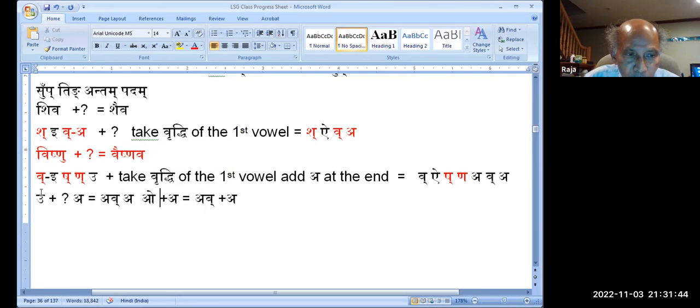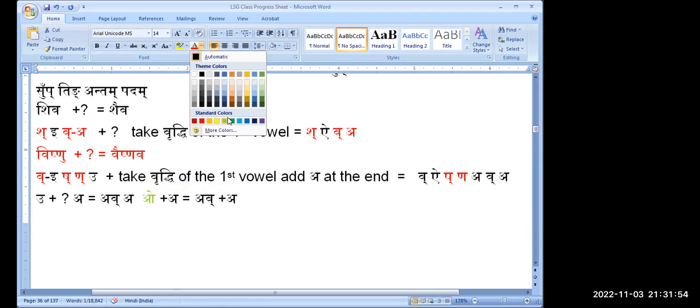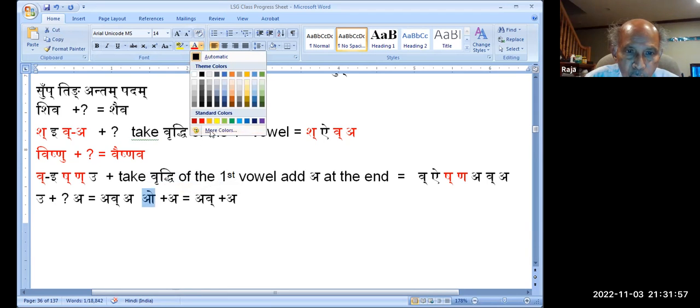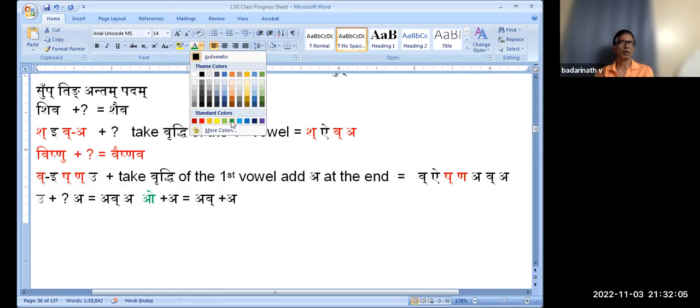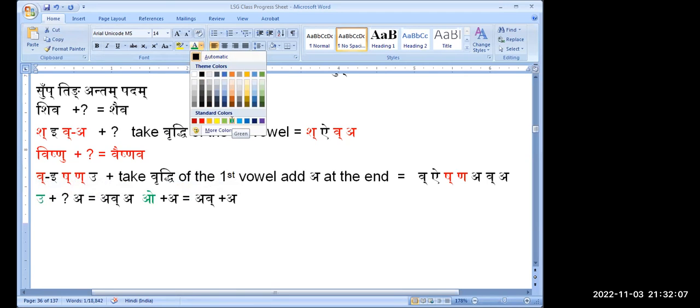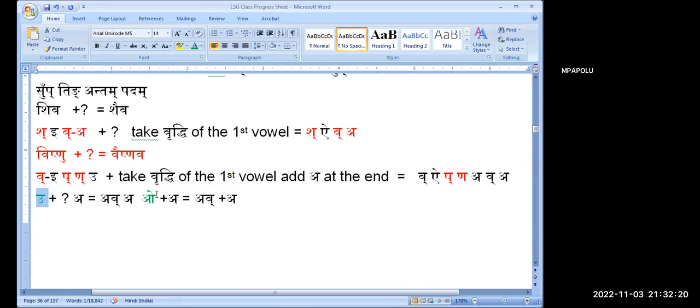There is no O. There is only U here, which is the final vowel. How do you get O from U? You follow that? So what's the relation? What do we need to do to U to get O? That's a guna letter.